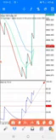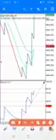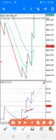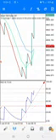I'm talking about these points: the first one, the second one, and this one. This normally applies when the market is trending.